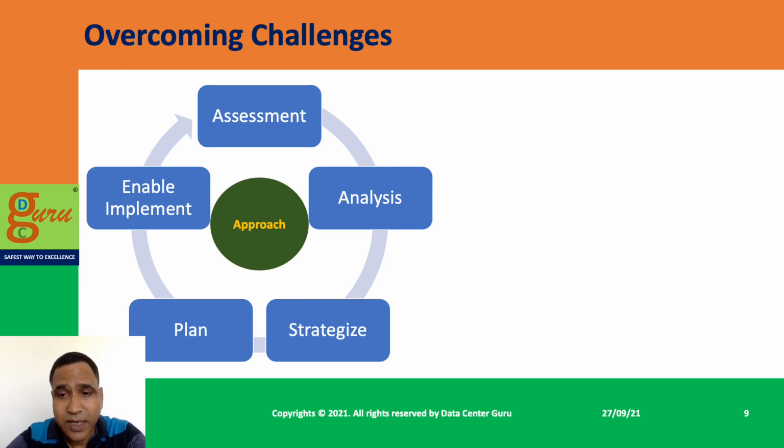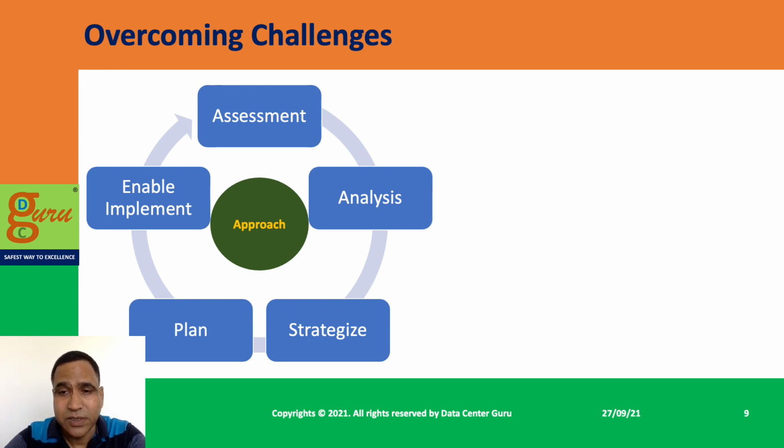Next is analysis. Once you have all the data you collected during the assessment phase, you need to analyze it, and the assessment is very thorough. I can carry out a separate session if required, because there are multiple parameters which need to be assessed, including doing market research.